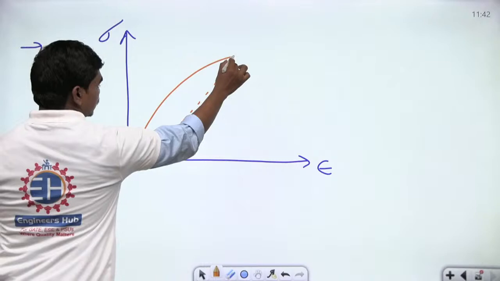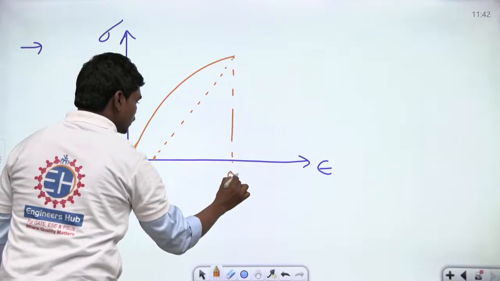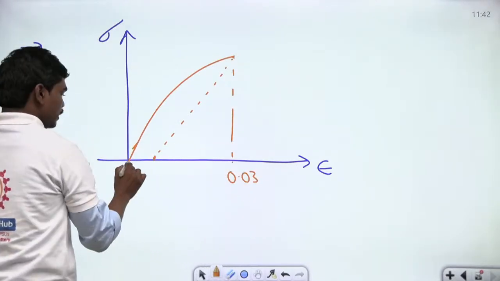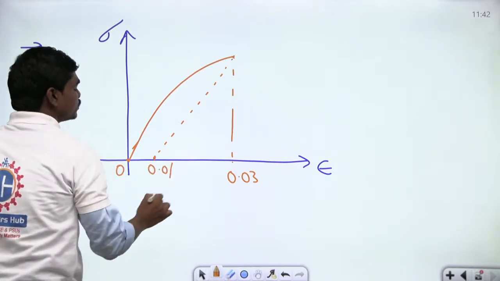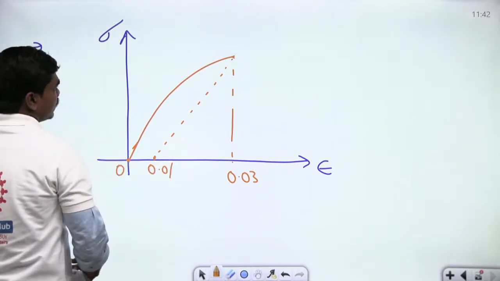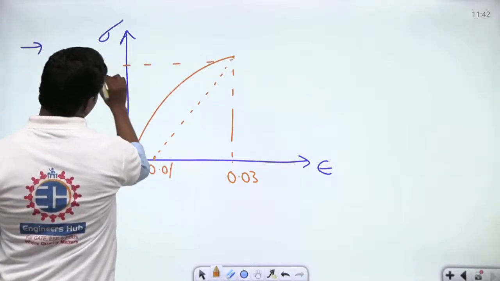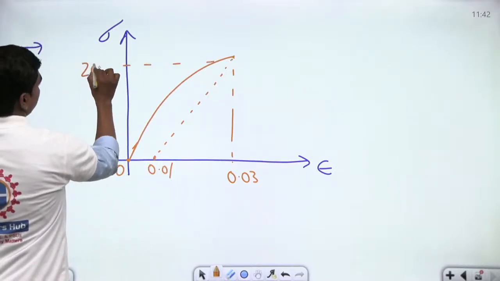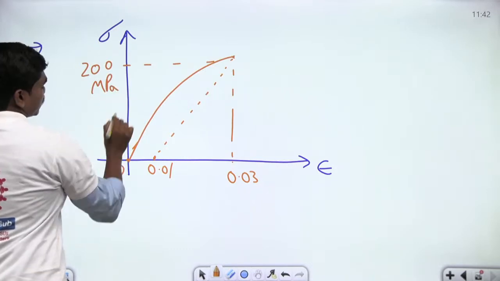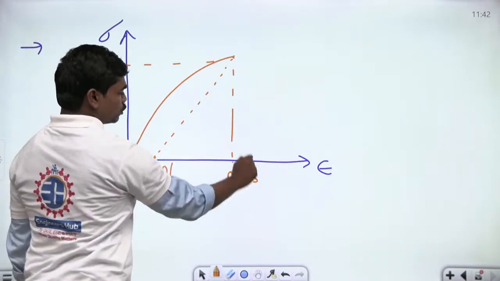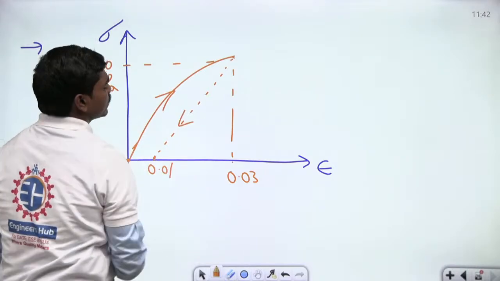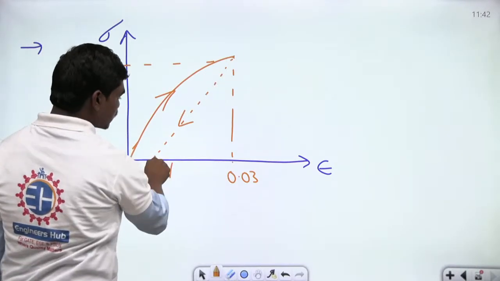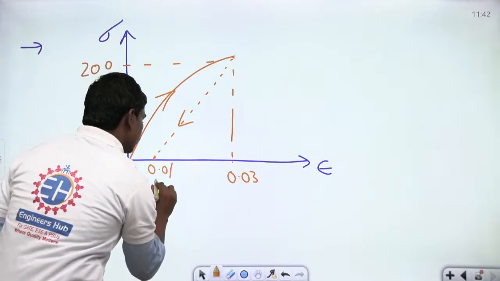So if this is the total strain that occurred, 0.03, and if this is 0 and this value is given as 0.01, and this is also given, 200 megapascals. Yeah, 200 megapascals is the value. So one thing is very clear, when the material is strained to 0.03 and you try to unload, see, this is the loading curve and this is the unloading curve. So when you are unloading, there is a recovery of 0.02, correct?